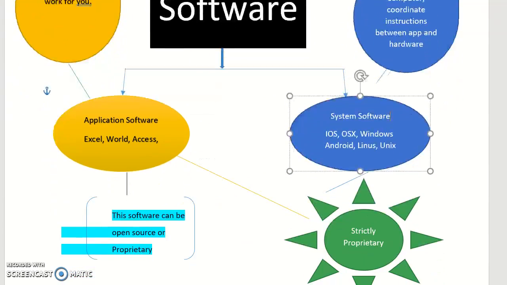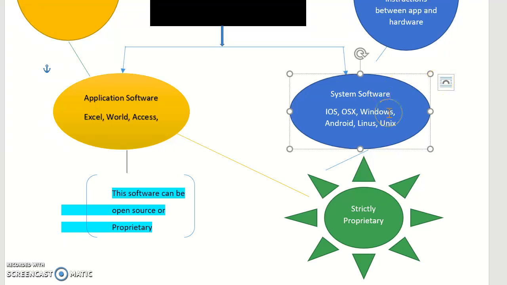Application software and system software bring us to proprietary and open source software. I'm giving you this information so you'll be mindful of it when you're citing sources for your project. If they are proprietary, you need to cite the source or seek the permission of the author. Otherwise you'll be guilty of copyright infringement and plagiarism. Generally, system software is strictly proprietary.